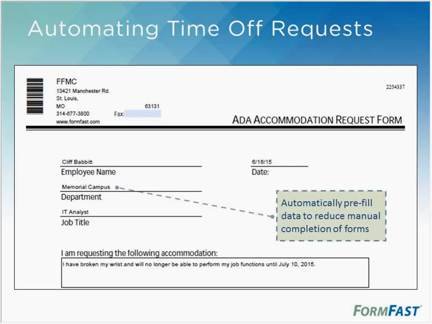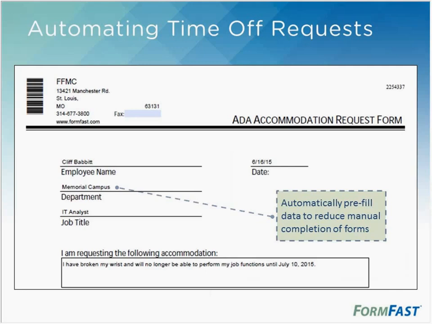I talked a little bit about the pre-fill of data on the form. We can do this in a couple of different ways. One, tying into the user who's logged in. If I'm requesting some time off, I may be submitting the form in context. The system knows who I am.